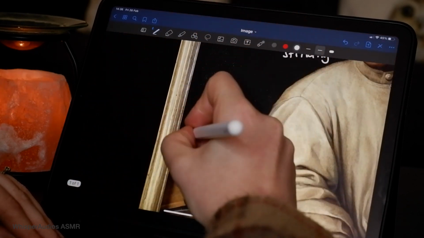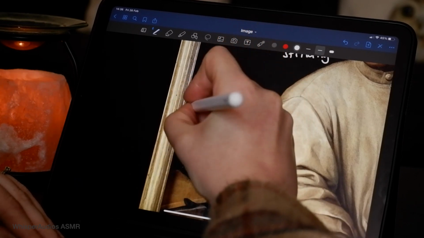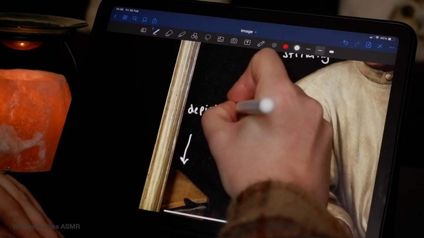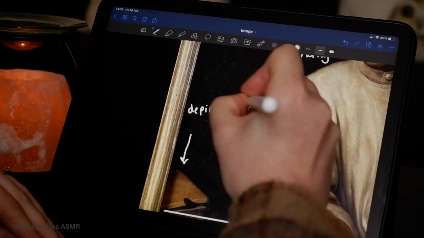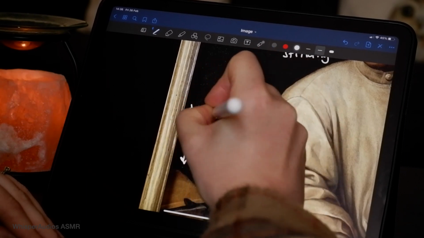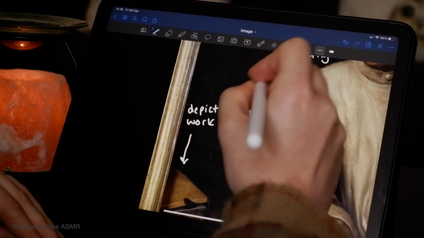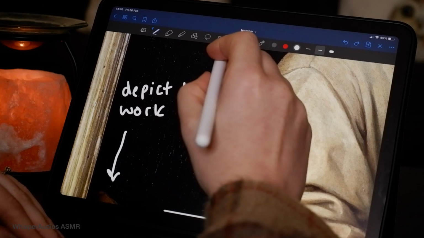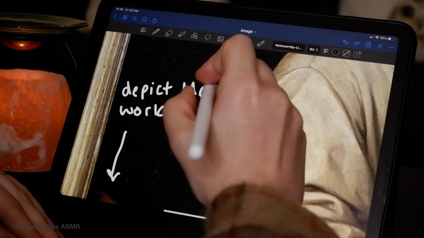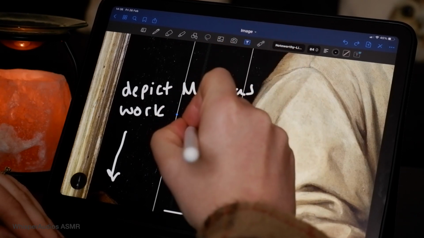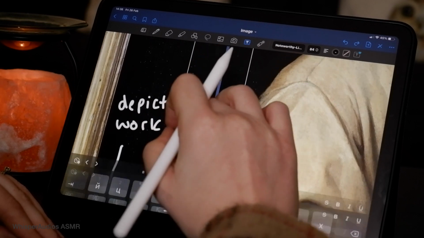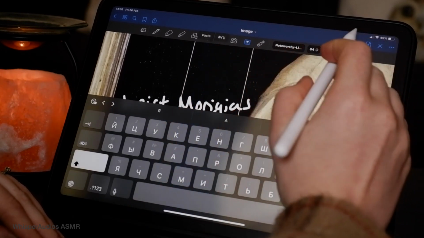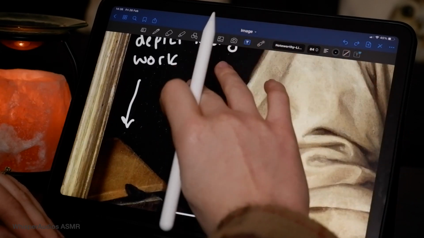So, depict Morriga's work. How can I do that? Which was called... can we paste this in? Okay, maybe not. I'll just type it out.